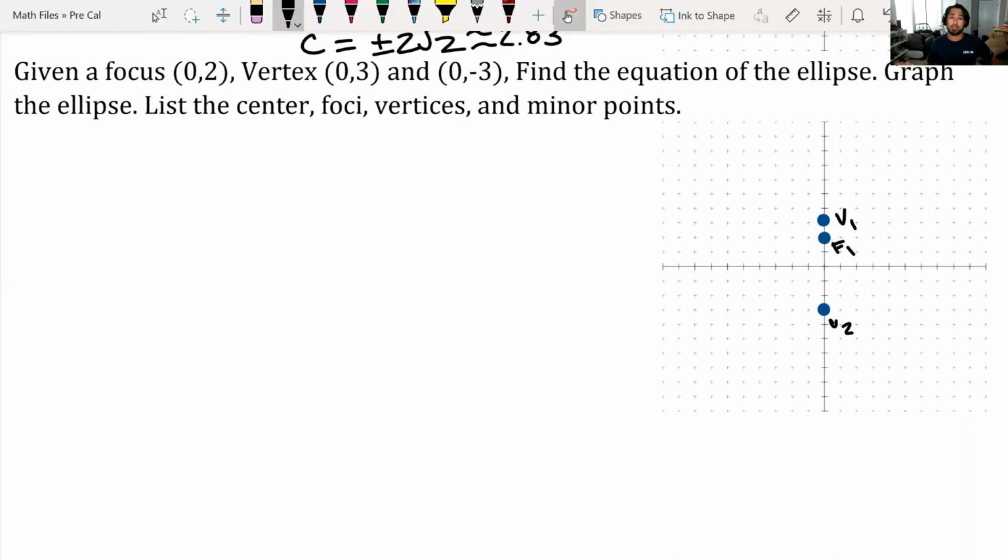Okay, well, with that being said, we definitely know what the center is because if we have both vertices, we know right between the vertices lies the center. So this means that, of course, our center must be at 0, 0. And if we know that information, then we can find the other focus as well. So if focus 1 is 2 units up from the center, then focus 2 must be 2 units down from the center.